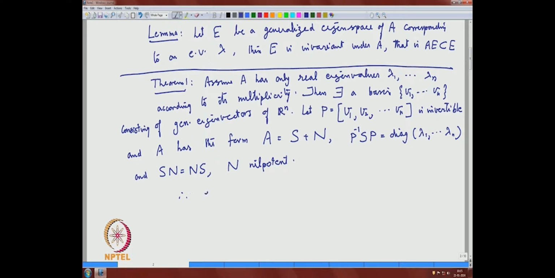Therefore, e power tA is e power tS into e power tN.